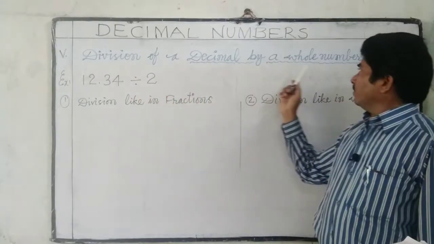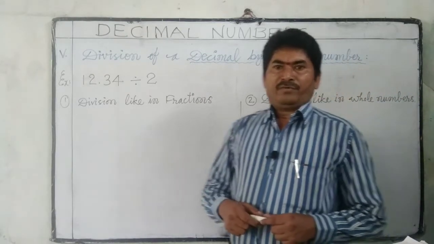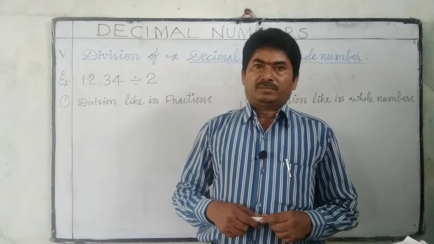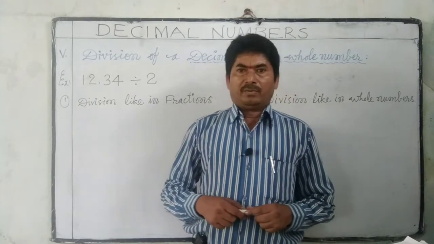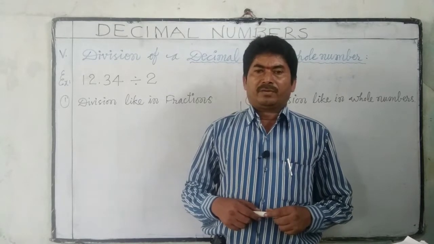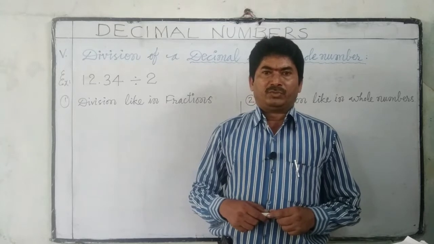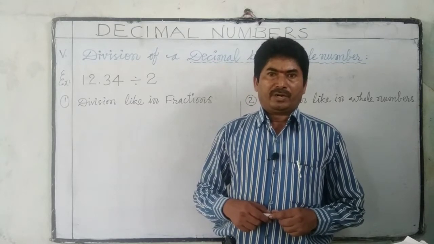Division of a decimal by a whole number. Divide the decimals just like a division of a whole number is done. But where should we keep the decimal point in the quotient? That is the important part.